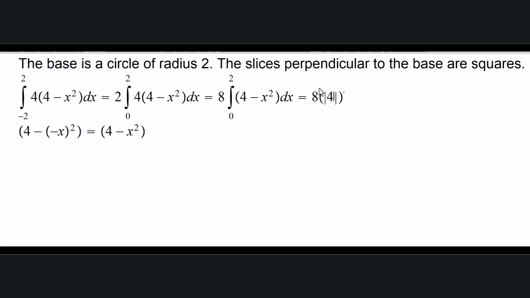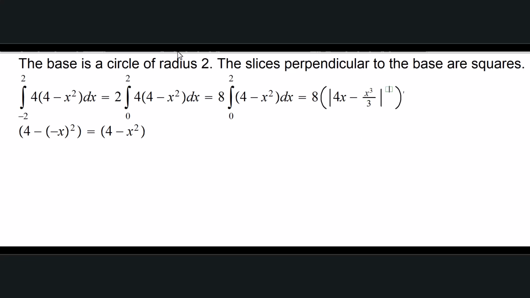So for 4 it is 4x, and for x squared, we get x cubed over 3, and that ranges from 0 to 2.